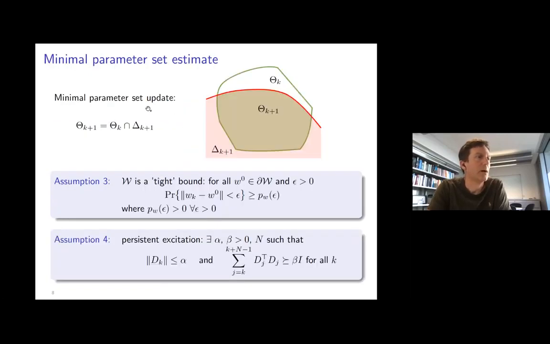Based on this unfalsified parameter set, we can update our estimate of the actual parameter set just by taking the intersection of our best current estimate with the unfalsified set.